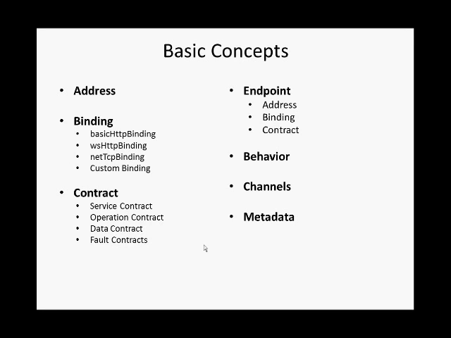Second, the proxy looks more like a service contract. It has the data contracts, and then the operation contracts, or the methods exposed to the client, so that the client can use the methods to access the service. So metadata is nothing but a proxy which has all the details the client can use to access a WCF service.